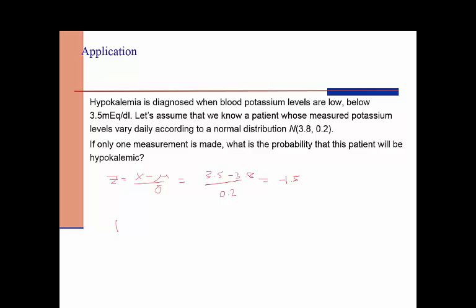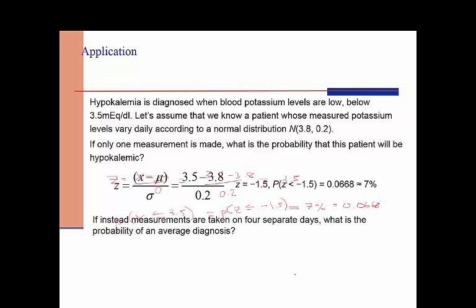We're trying to find the probability of x being less than or equal to 3.5, which is the same as the probability of z being less than or equal to negative 1.5. We converted the x to z. If you go to Minitab and put in this value, just like we've been practicing, you will get about 7%, 0.0668.